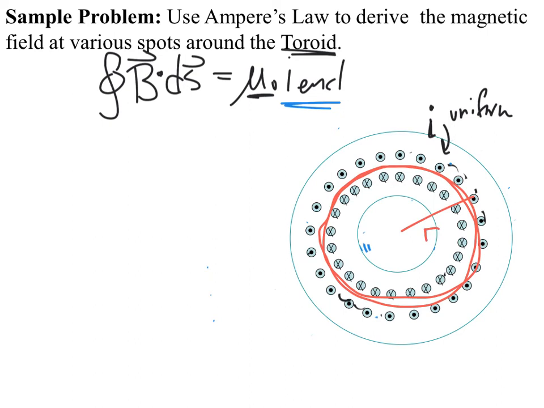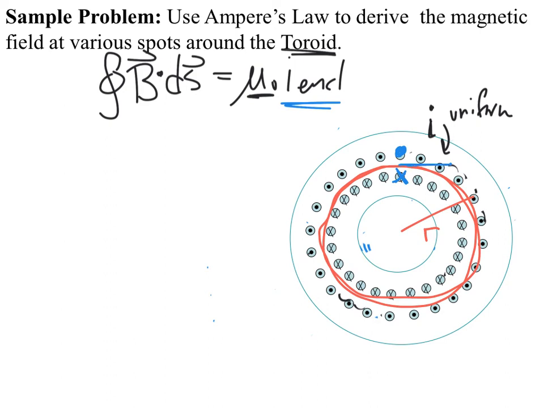One thing that you might want to check is what should be the direction of our magnetic field inside this toroid. If this were a solenoid, you would take your hand and curl your fingertips around in the direction of motion, with the current outward at the top and inward at the bottom.